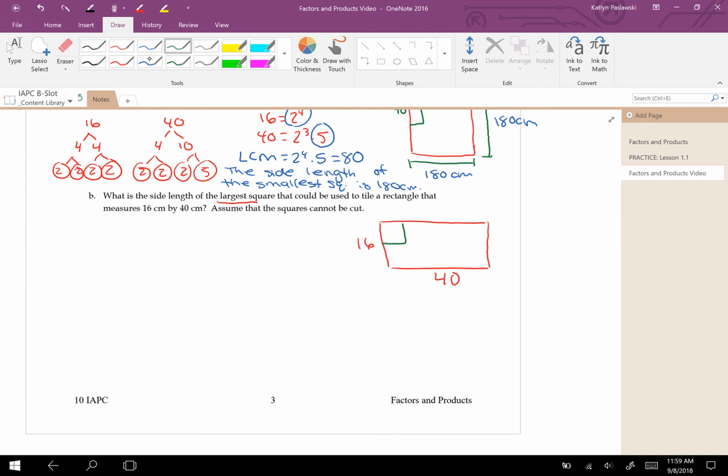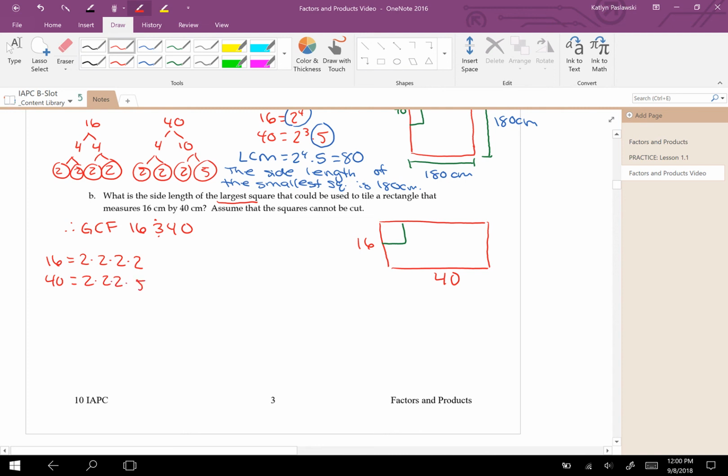So in this example, I'm going to be coming up with the greatest common factor between 16 and 40. We already did the factor trees for it, so I'm going to write out the prime factorization. So 16 is equal to 2 times 2 times 2 times 2, and 40 is equal to 2 times 2 times 2 times 5.